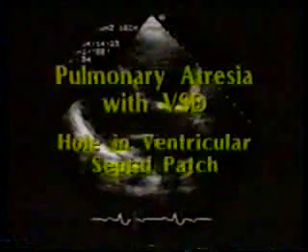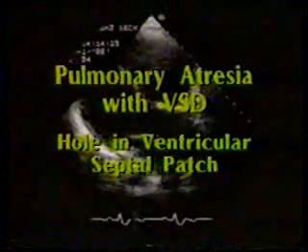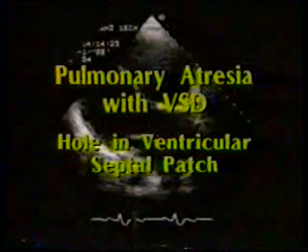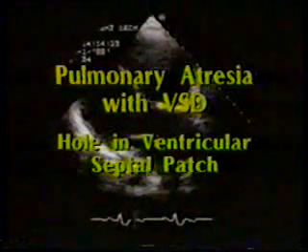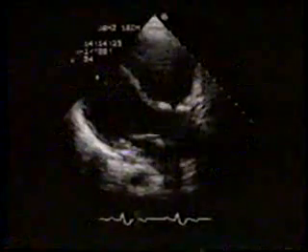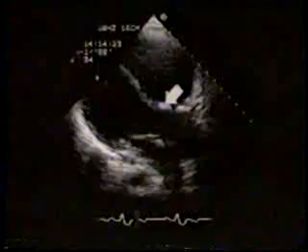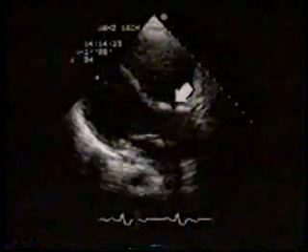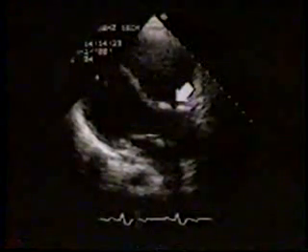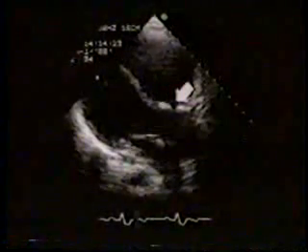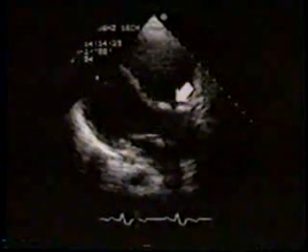This is the parasternal long axis view of an 18-year-old patient who had undergone complete repair of pulmonary atresia with ventricular septal defect. Here is the ventricular septal patch, and note that in the mid portion of this patch there is an echo dropout indicative of a hole in the patch.